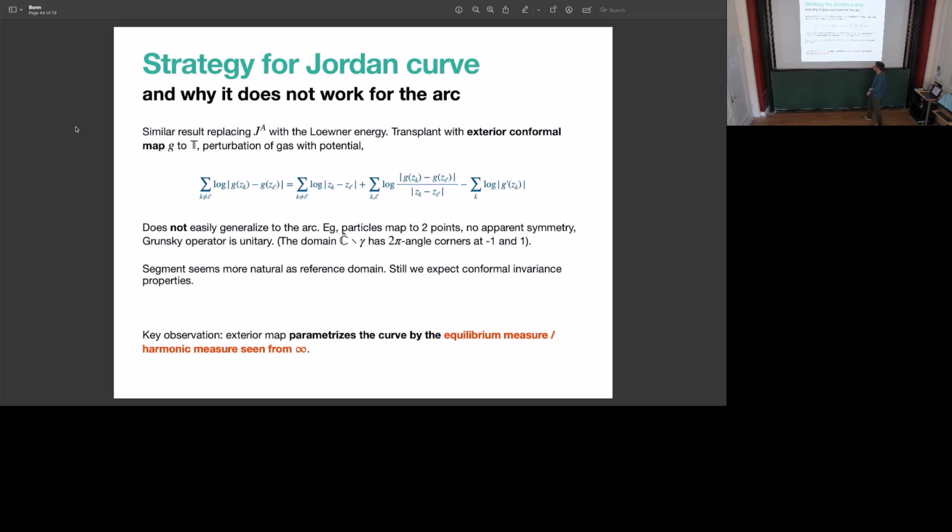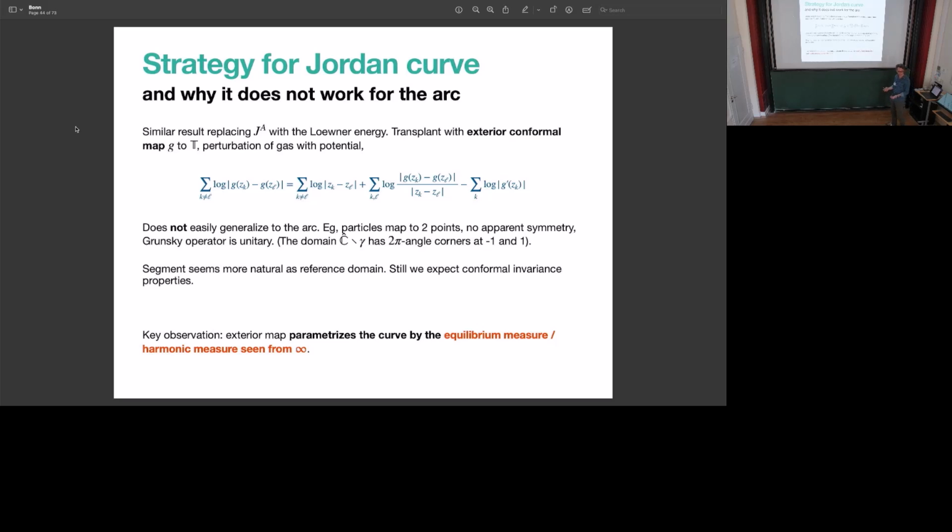But the key observation now is that the conformal map does several things for you simultaneously in the case of the Jordan curve. It provides, of course, the conformal map from the exterior of the curve to the exterior of the circle. That's great.